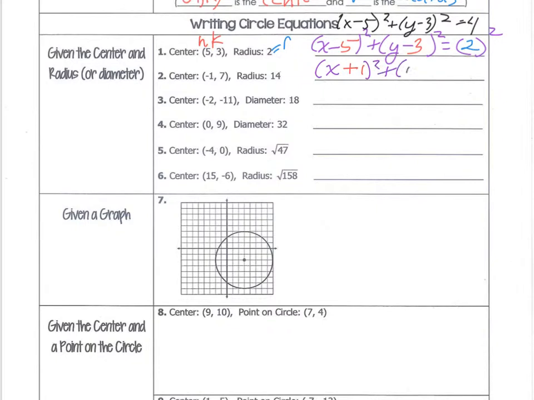And then plus y. So we have a positive 7. What am I going to put in with the y? Negative 7, and then square it, equals, tell me what 14 squared is, because we want to actually square this. What's 14 squared? 196, right?